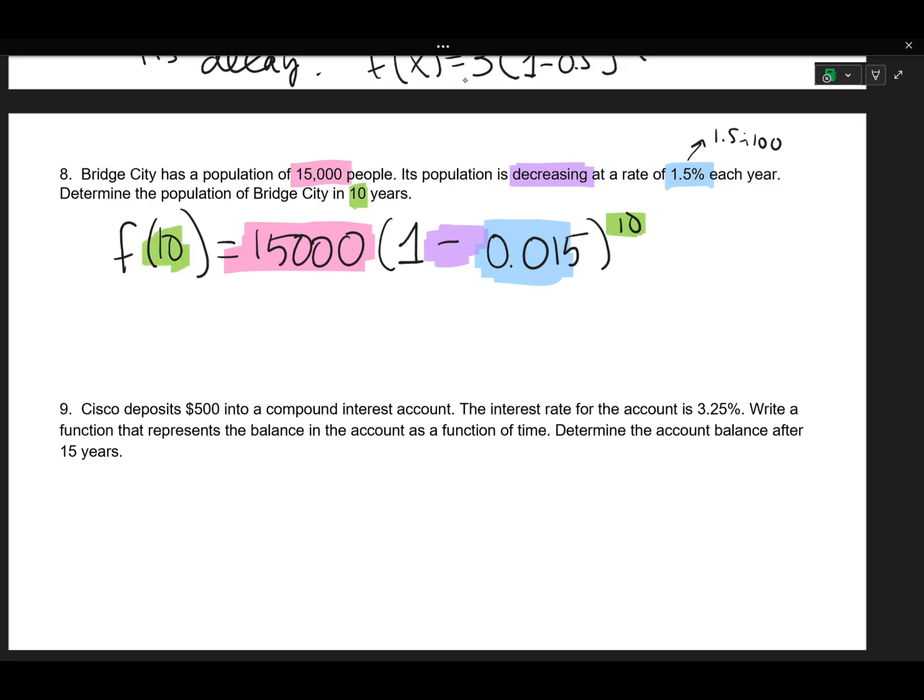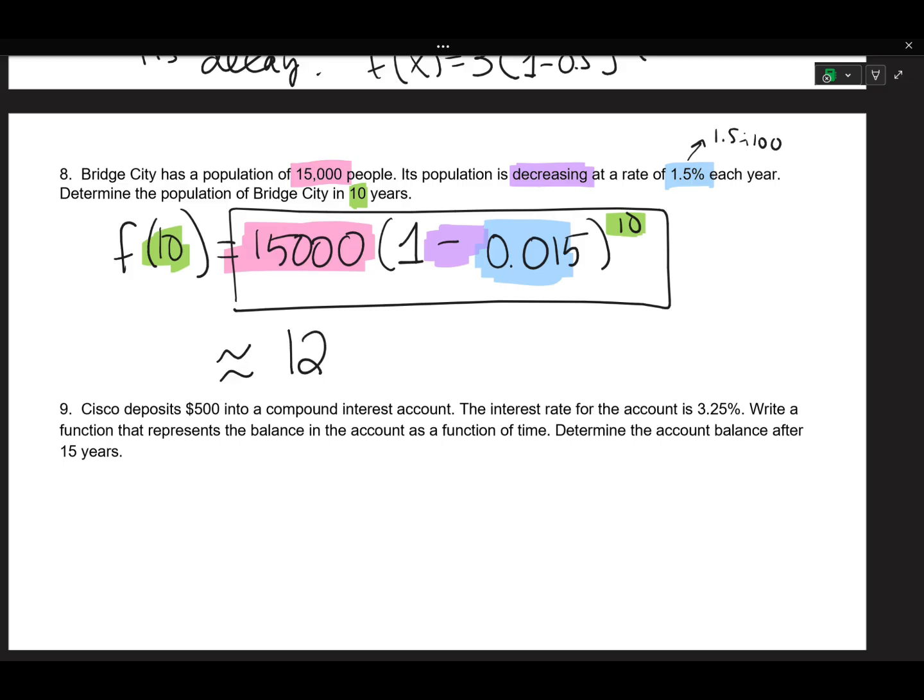And what we're going to do is take this whole part and put it into your calculator. What do you get when you do that? So practice, practice, practice. Now remember, we have people here. You cannot have point something of a person. So I'm going to round it to 12,895.